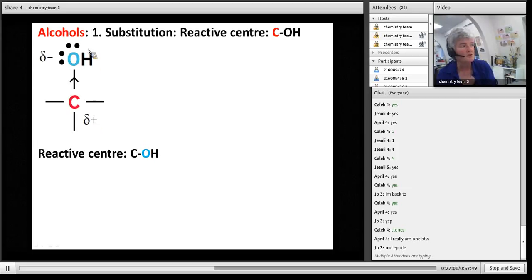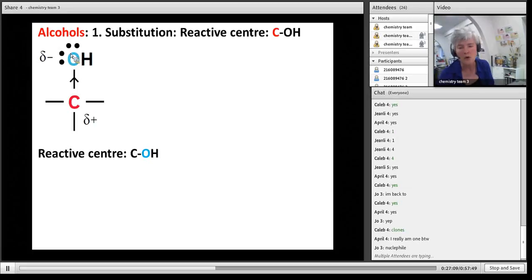But I've also got my negative O. Now, chlorines and fluorines and bromines don't like sharing their lone pairs, so they won't act as nucleophiles to something else, or attract electrophiles. But O and N can share their lone pairs.